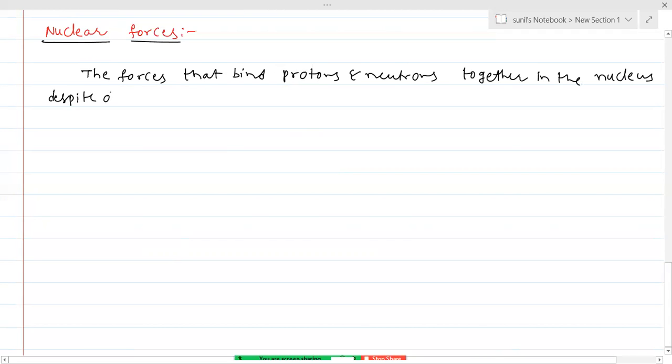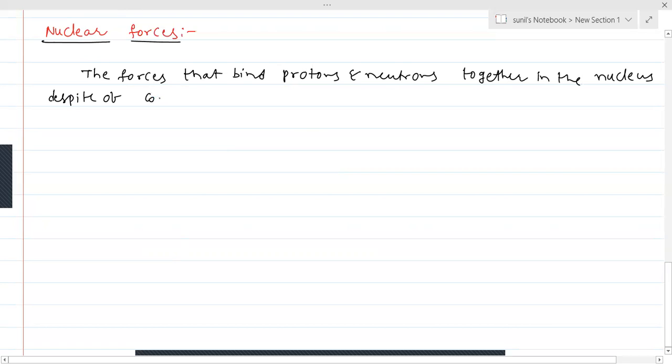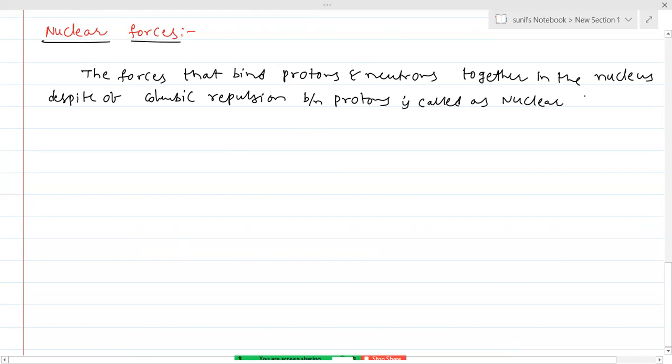Despite Coulombic repulsion between protons, it is called nuclear forces.